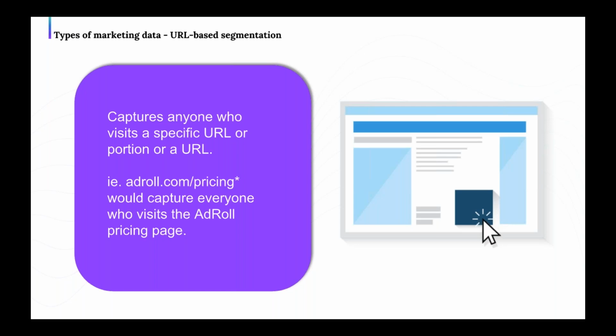So for example, for some of our campaigns, we'll organize them based on whether someone's going to AdRoll.com/pricing, and then we'll create marketing campaigns that target people based on whatever their pricing needs may be. So this type of segmentation strategy really helps you personalize based on, say you have an individual product, you can target them with that product again, or an individual action you want to take.